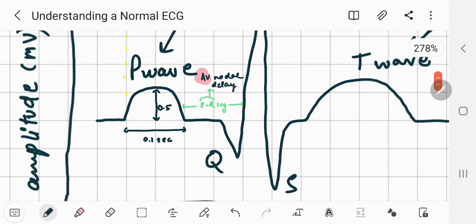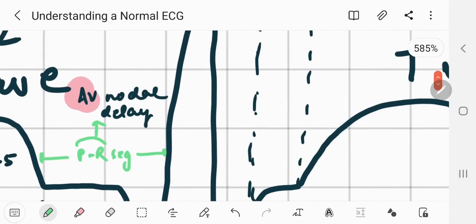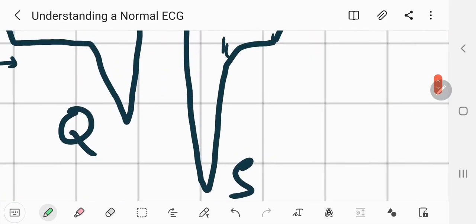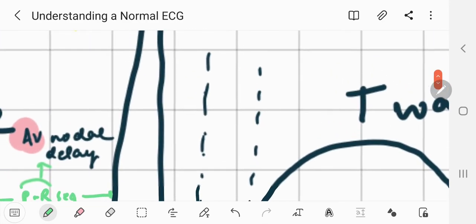Okay, another important segment is the ST segment. Now, the ST segment starts from the end of the S wave to the beginning of the T wave. So it will start, let me change the color of the pen, here. So from the end of the S wave to the beginning of the T wave, this one here is the ST segment. You might have heard in MI, ST segment elevation. So this is what we check in here.